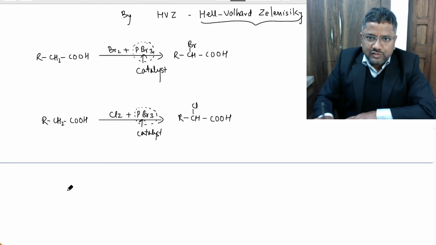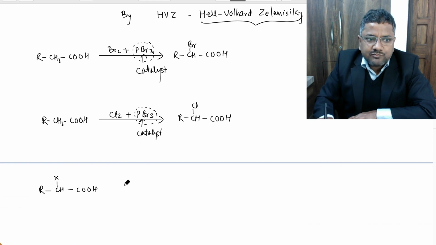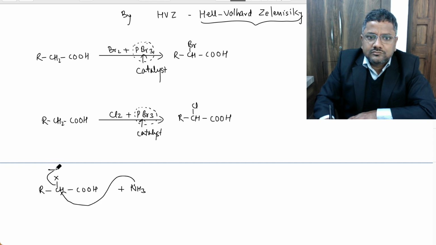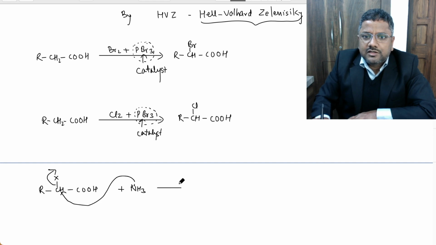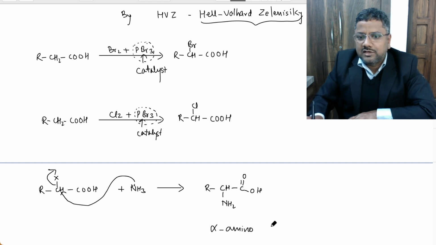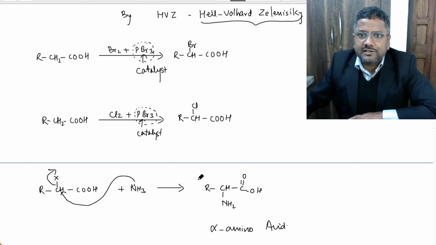Now react this alpha halo acid, RCHXCOOH, plus ammonia. So you will get alpha amino acid, RCH, NH2, COOH, alpha amino acid, right? So this is the second method.